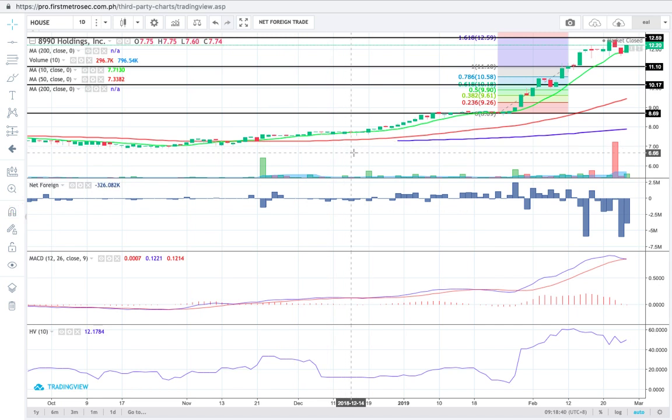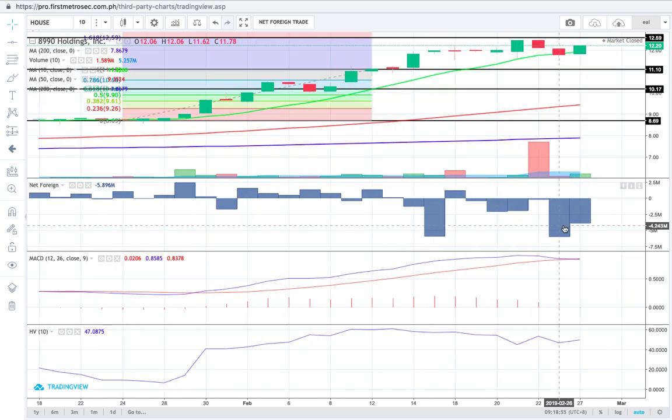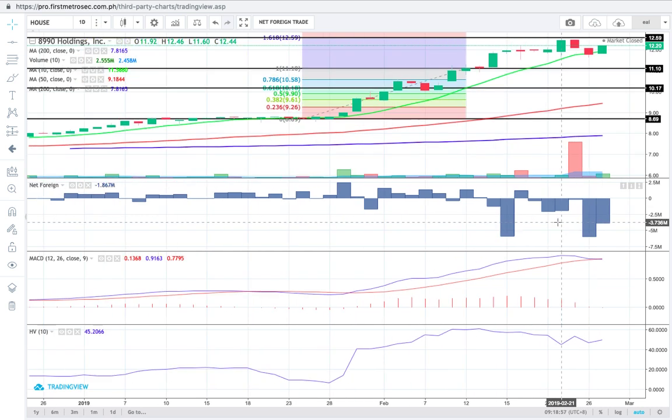So we can check if the shorter term SMAs are still above the longer term SMAs. And they are. After all, House has made it to the top 5 gainers as of February 27. Now, let's take a look at the foreign investor sentiment.